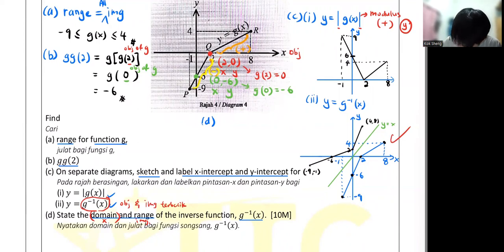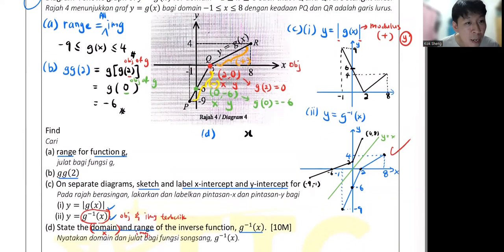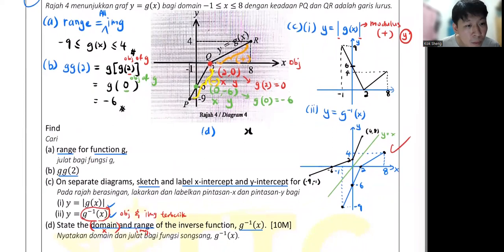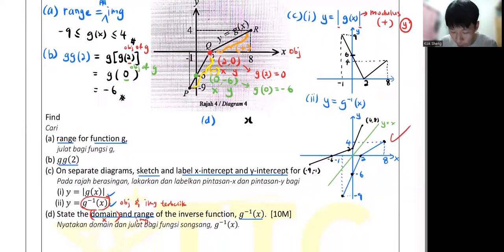Domain will be from negative 9, the smallest, all the way to the biggest, 4. Oh sorry, it's the wrong number. Okay, correct: negative 9 to the biggest, 4.